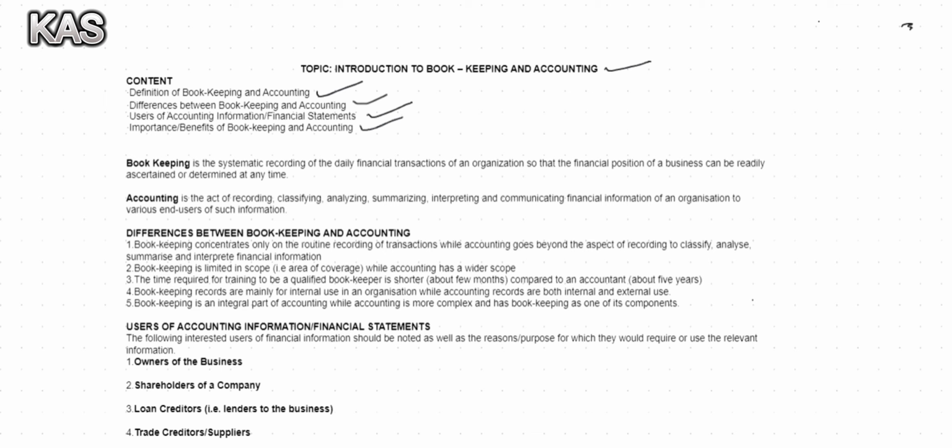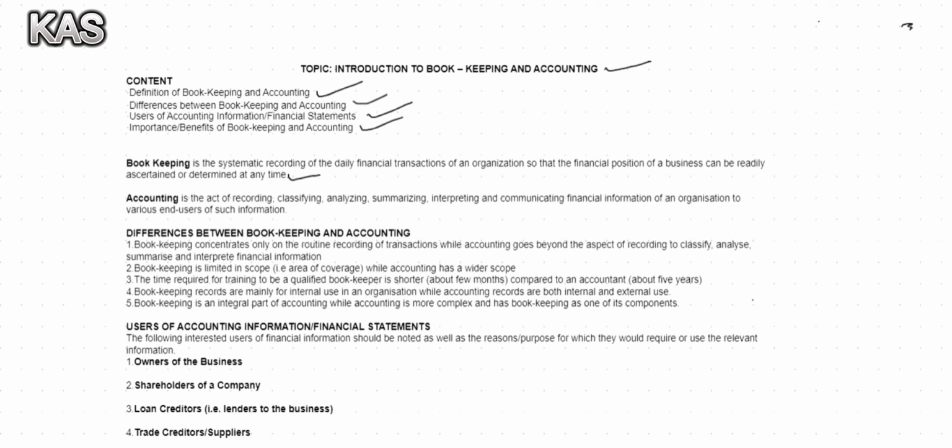Okay, now let's start with what is bookkeeping. Bookkeeping is the systematic recording of the daily financial transactions of an organization so that the financial position of a business can be readily ascertained or determined at any time.